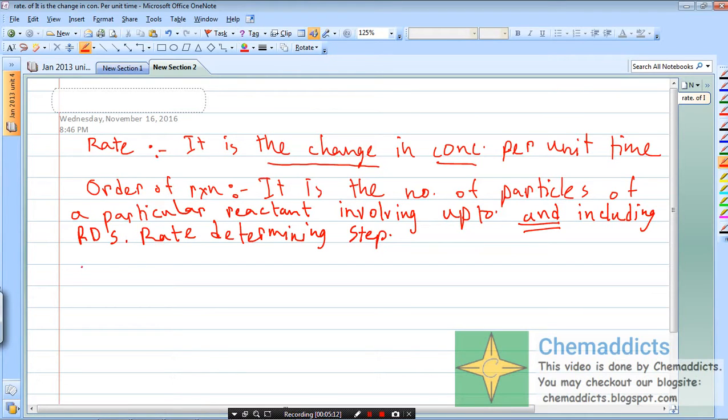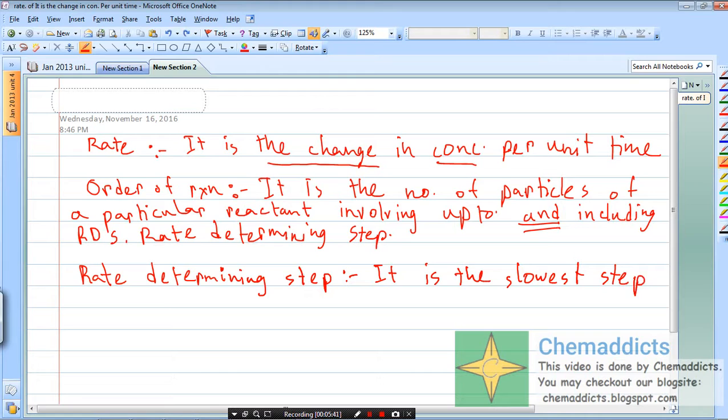So what does this rate determining step mean? The rate determining step is the slowest step of a multi-step mechanism. What does multi-step mechanism mean?